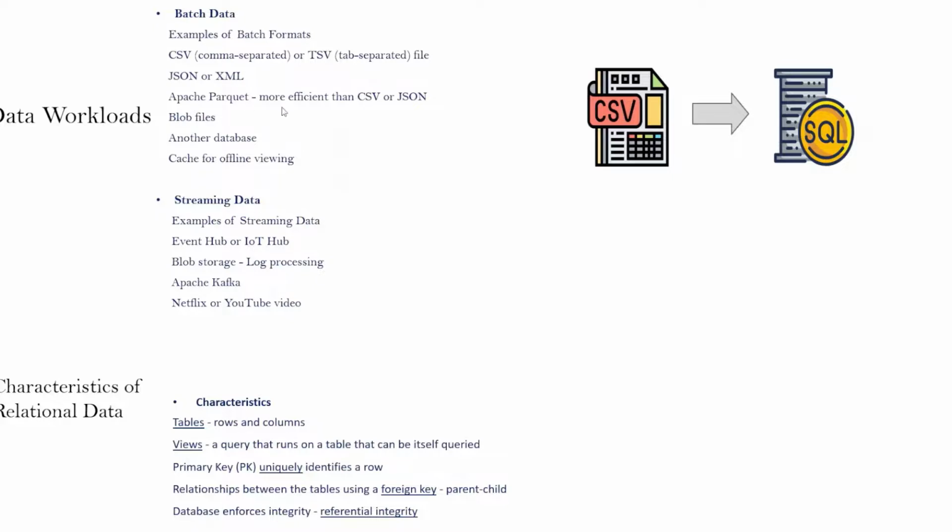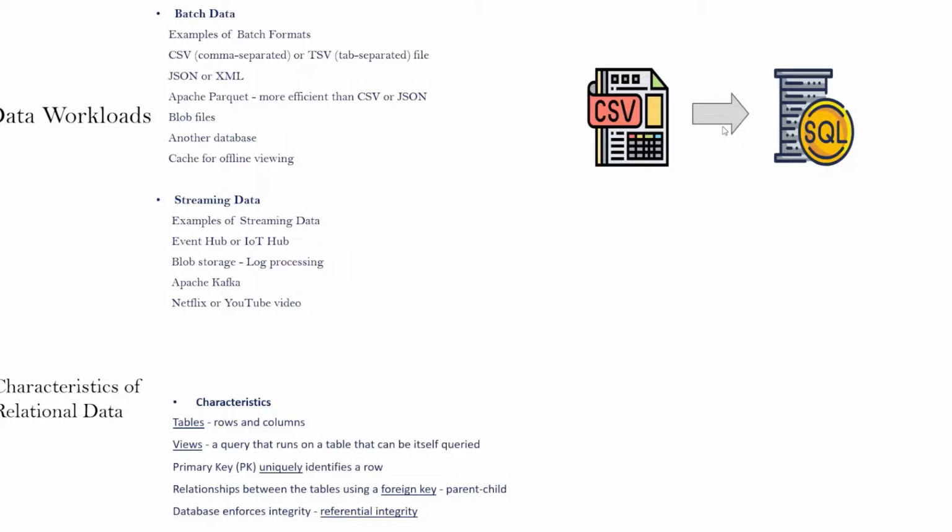That is more efficient than CSV. In Apache Parquet format, you can have more data while occupying less space, and then blob files, or a database also.